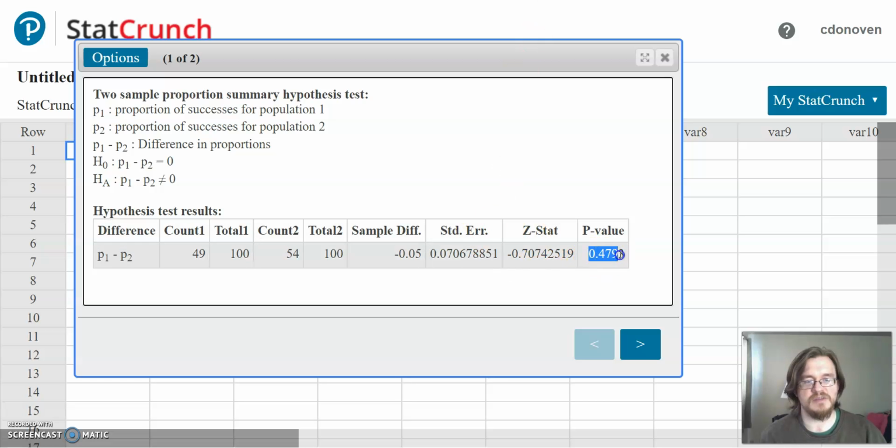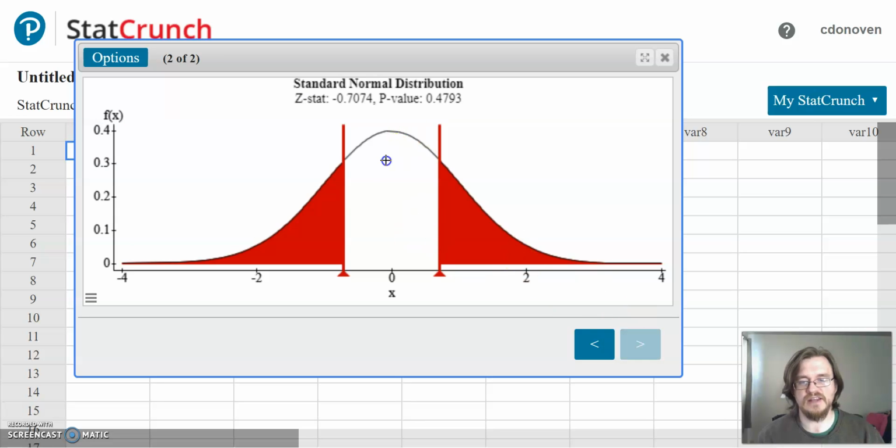So again, since the p-value is bigger than alpha, we can't reject our null hypothesis. So all this data can be very easily computed. You saw when I entered that in. And this is, again, because we have the two-tailed test, we're looking at the area to the left and to the right of our z-score.